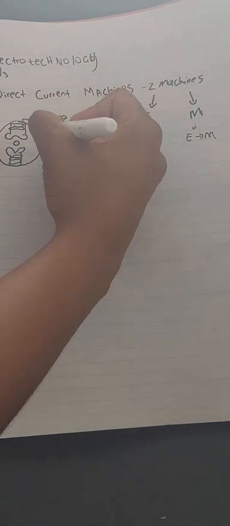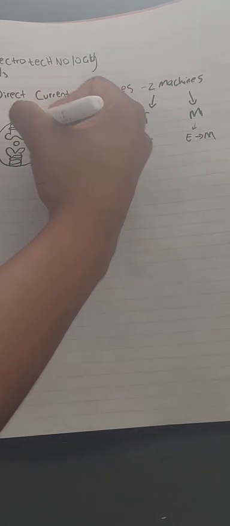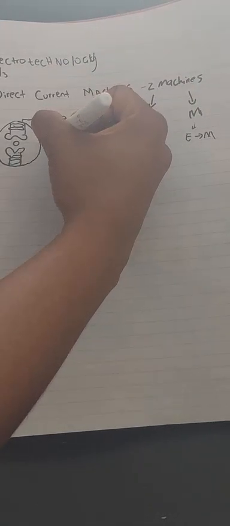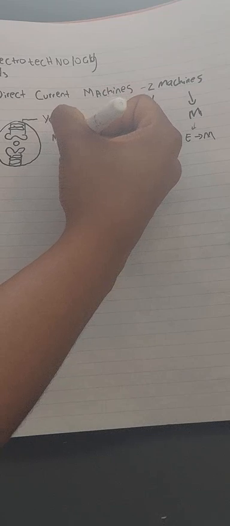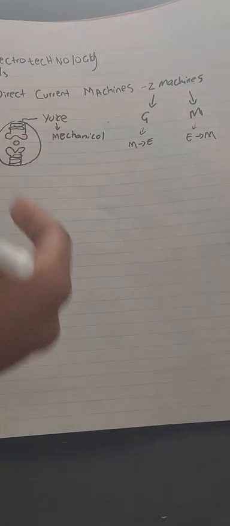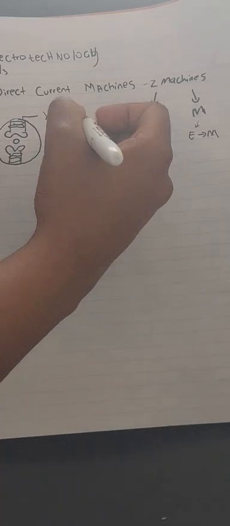What is the function of the yoke? The first function of the yoke is mechanical support, to support everything that is inside.